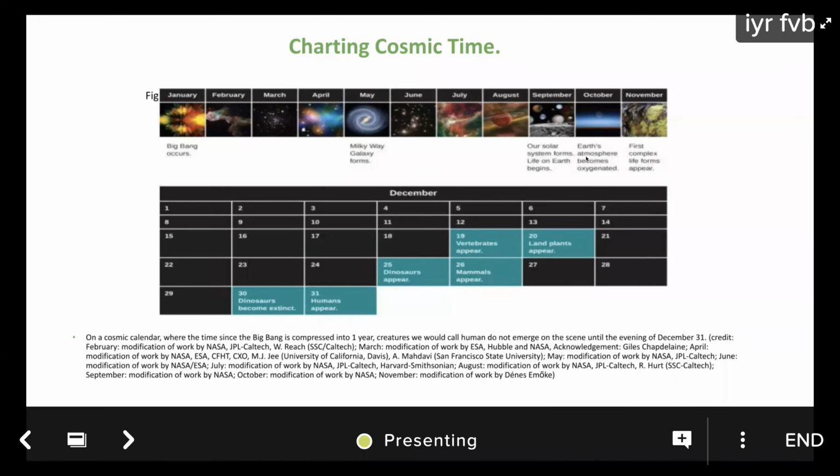The Earth's atmosphere became oxygenated around October, and then in November you have the first complex life form. So you can see how long it has taken for life to exist, right?